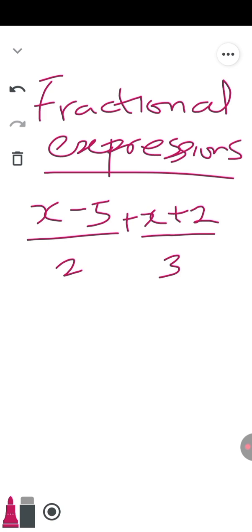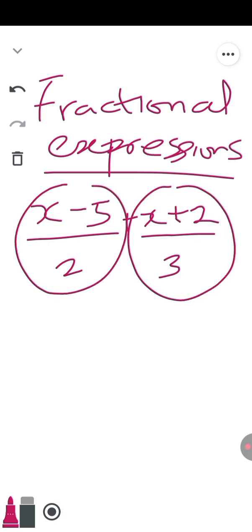Your first method is that you join the two fractions together. You join the what? The two fractions together. Okay, so what do I mean by that? How you do that is, this fraction and this fraction, you combine it as one.